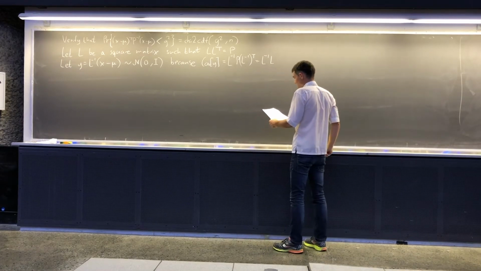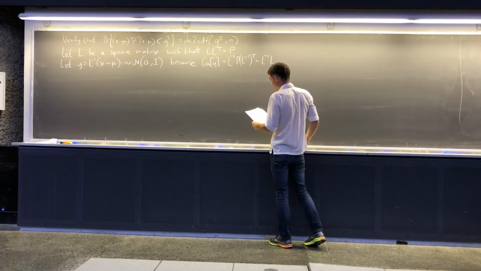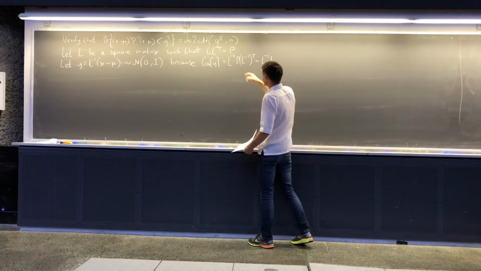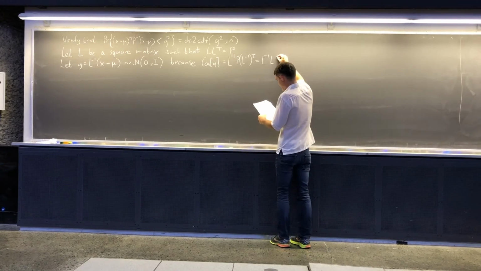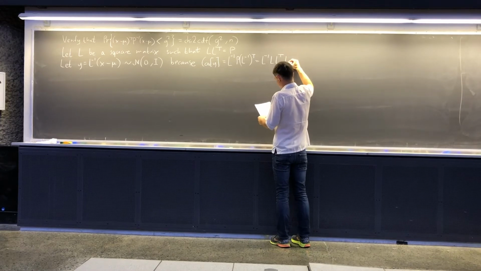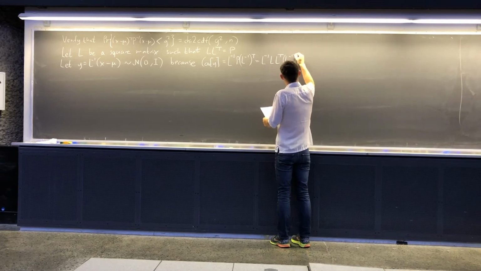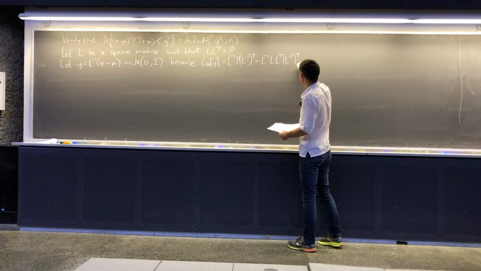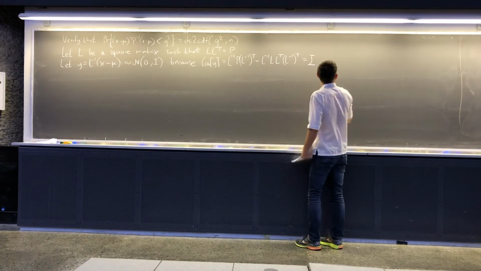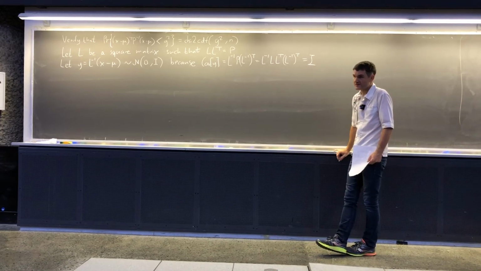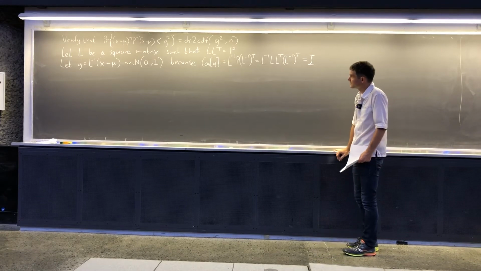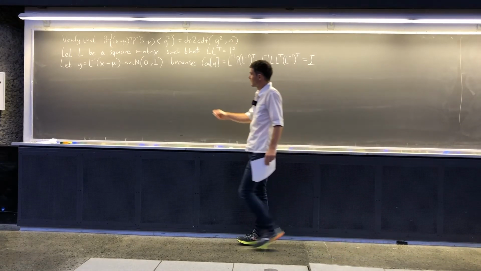So here again I use a trick. I just insert what P is, and immediately you see that I can do some cancellations, and I'm left with the identity matrix. So then I've shown this result.